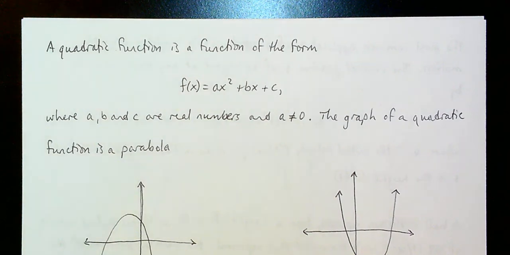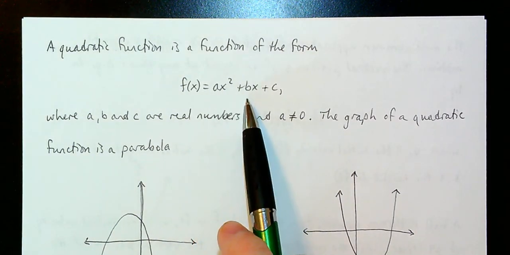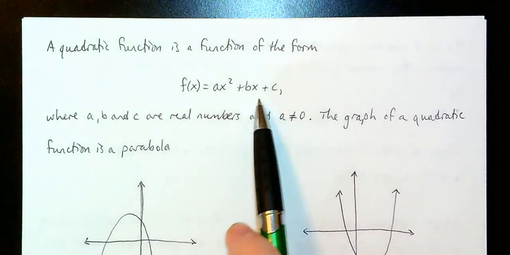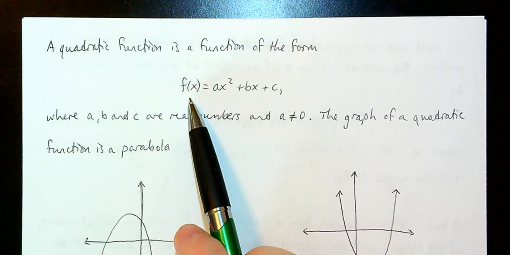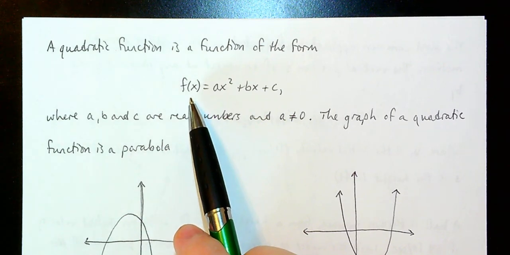You may be wondering, what the heck is a quadratic function? A quadratic function is a function that is of the form ax squared plus bx plus c. Just as a bit of a review, you were introduced to the f of x notation perhaps from one of our previous videos.